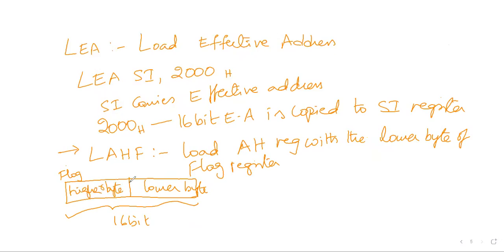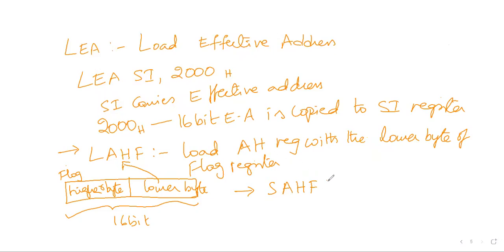Now this lower byte of the flag register is copied into the AH register. That is LAHF. Similarly, another instruction, SAHF. LAHF loads the AH register with the lower byte of the flag register.